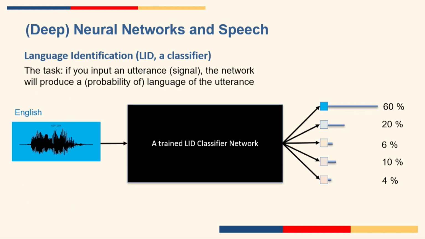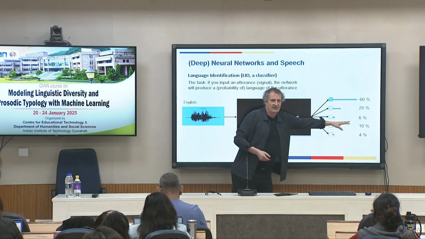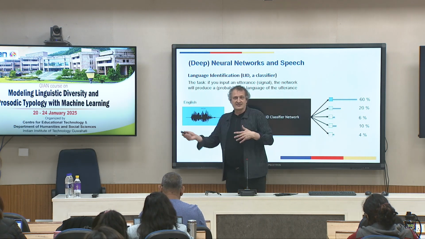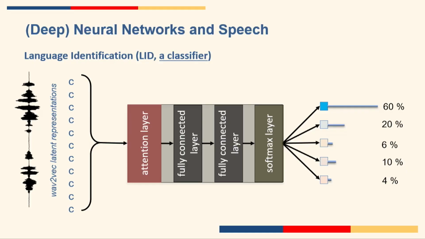So this is English one, and this particular cell here, these are just a bunch of numbers. If you feed it some other utterance, it would give high probability to whatever it thinks the corresponding language actually is. So if we look a little bit inside how the language identification works, nowadays the modern ones, the ones we were looking at, rather than receiving the raw waveform, they receive the sequence of latent representations from Wav2Vec, an already pre-processed signal, and then they put some attention layer.